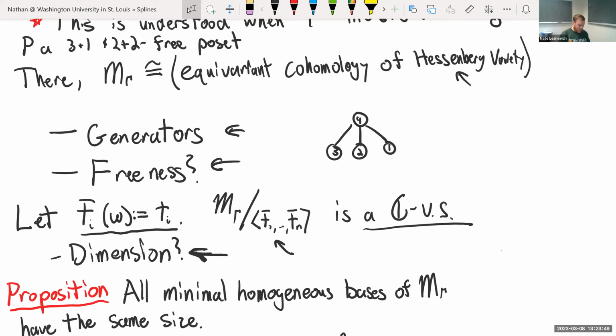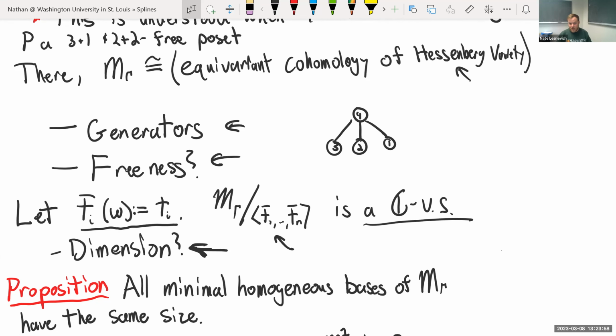So first, and this is more of a commutative algebra fact, all minimal homogeneous bases of M gamma have the same size, which is very good news for the dimension question, because this M gamma is graded.